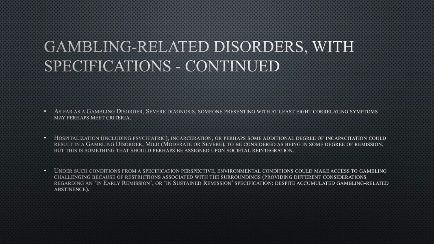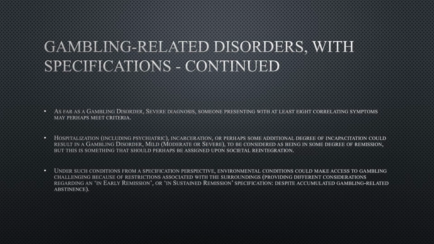Under such circumstances, from a specification perspective, environmental conditions could make access to gambling challenging because of restrictions associated with the surroundings, providing different considerations regarding an early remission or in sustained remission specification despite accumulated gambling related abstinence.